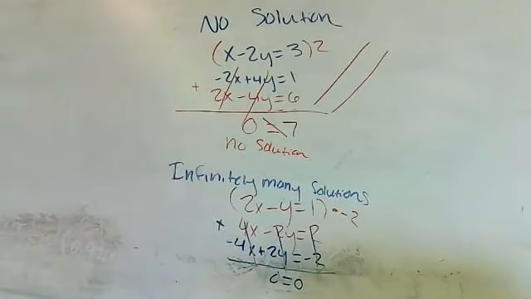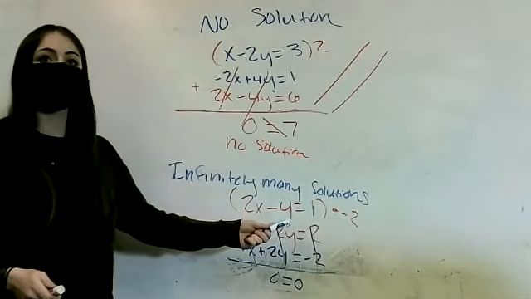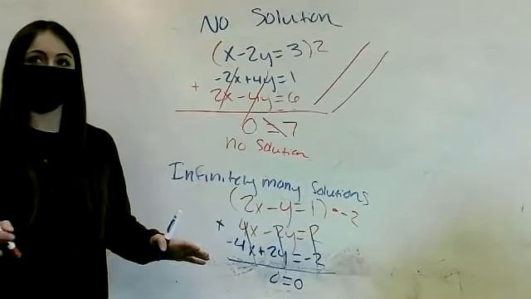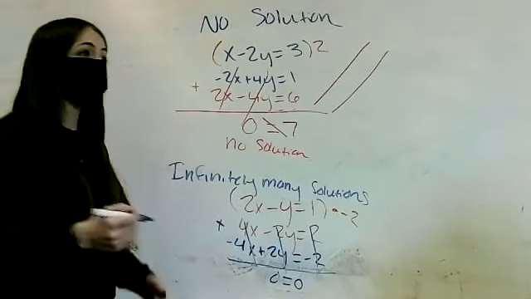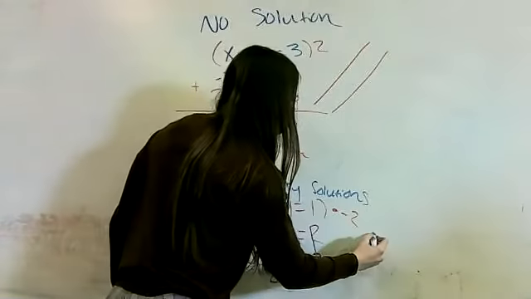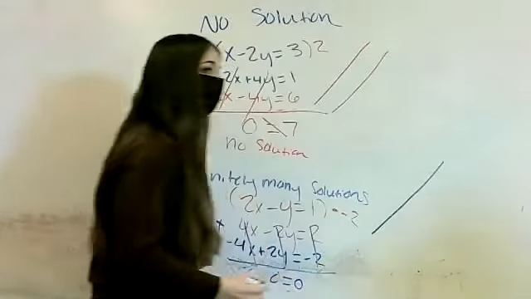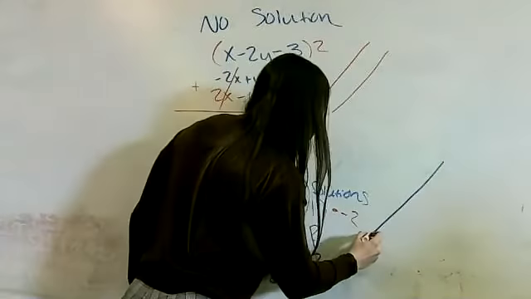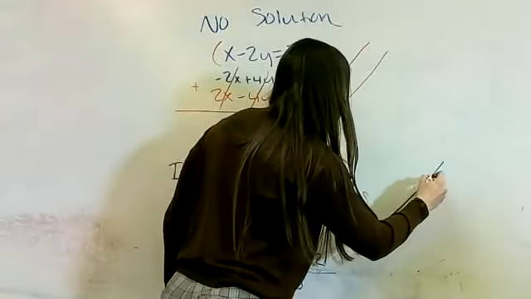If you chose to graph these, when you set them up to be y equals, you would have the exact same equation. Meaning, if I graphed equation 1, it would look like this. And then if I graphed equation 2, it would look like this.